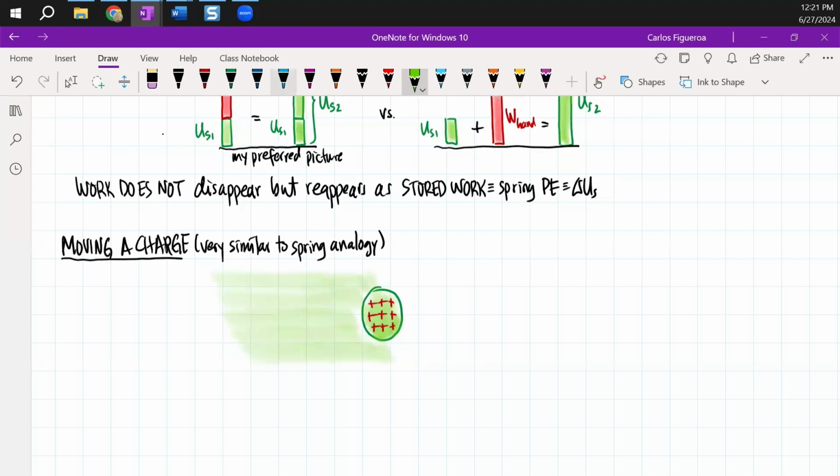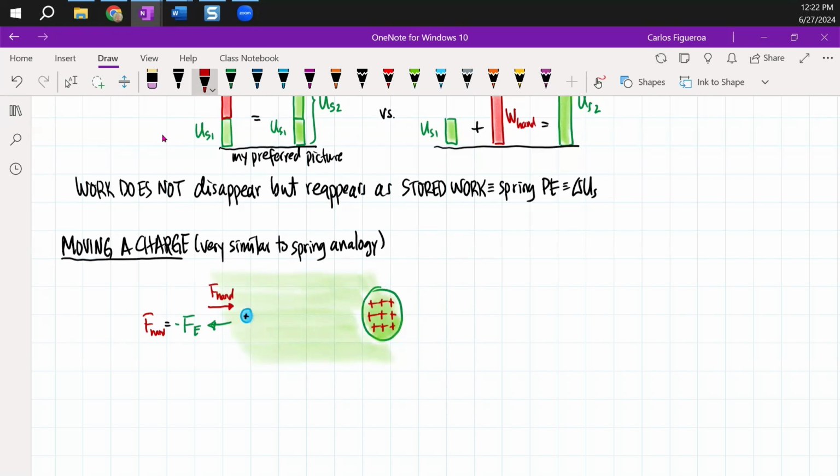So now I have a charge. I'm bringing in a charge from here, and this is a positive charge. And as I bring it in, once again, I'm applying a force with my hand. And this has to be non-electrical work because the electric force will not be able to do that. But either way, I still have some electric force which is equal and opposite to the force of my hand.